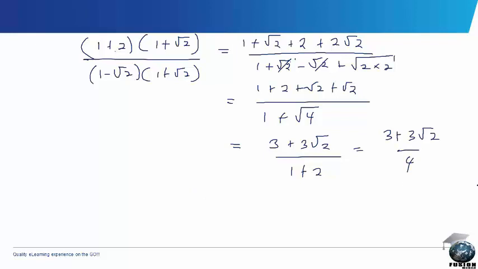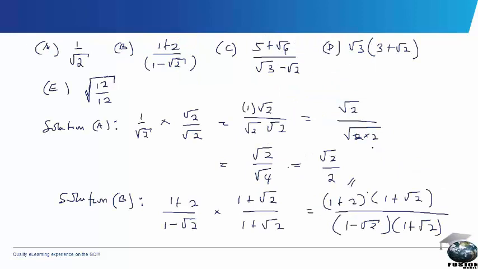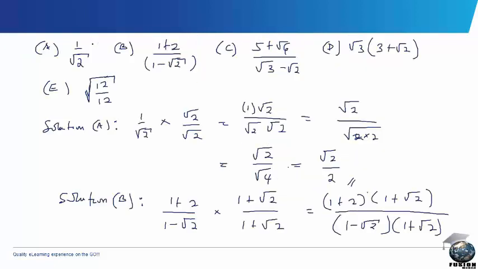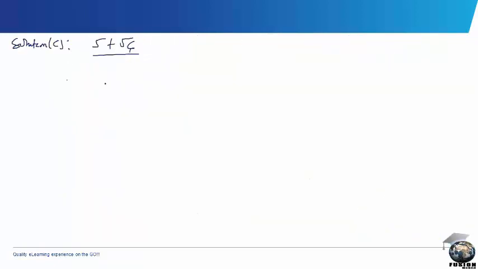This gives us the multiplication, which you can write as 3 over 4 plus 3 root 2 over 4. They're both the same thing as the answer above. So we'll go for the third solution. We have 5 plus root 6 for solution c: 5 plus root 6 over root 3 minus root 2.